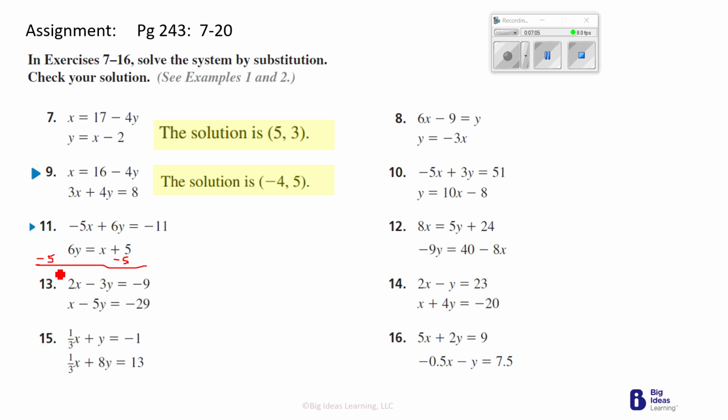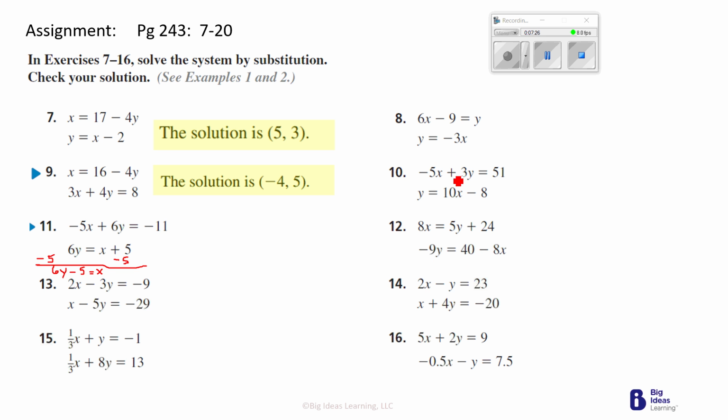This will give me 6y minus 5 is equal to x. And now, again, I know what x is. I'm going to replace x over here with 6y minus 5.